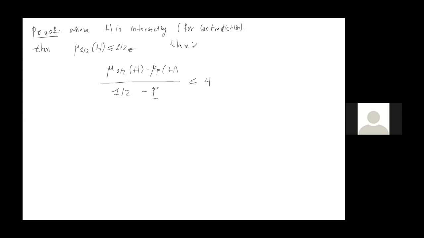But this proxy for the derivative, we know that it is the derivative of this mapping at some point. So by Lagrange, this is equal to the derivative of this measure with respect to p at some point q between p naught and half.